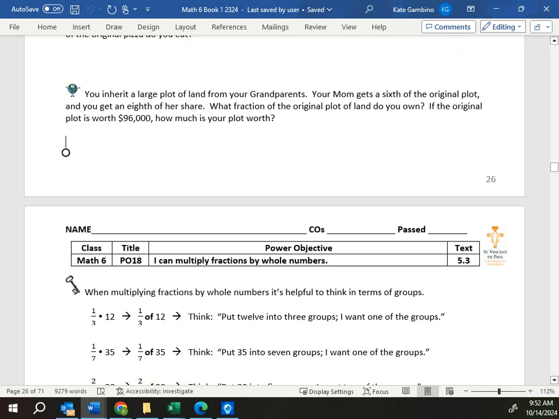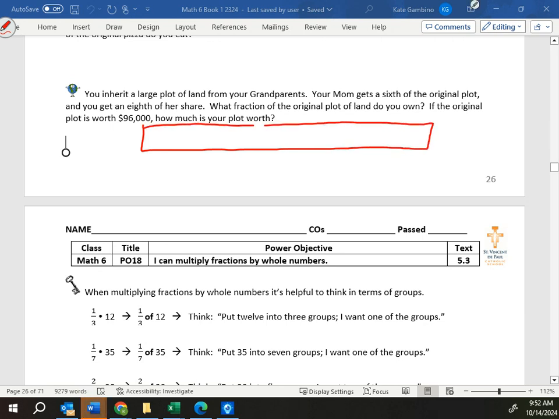The last one, you inherit a large plot of land from your grandparents. Your mom gets a sixth of that original plot. So that original plot of land, what do you want to divide it into? 6, because your mom gets 1/6 of it. So this is mom's portion.